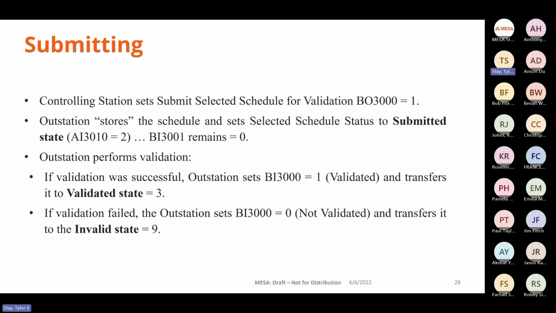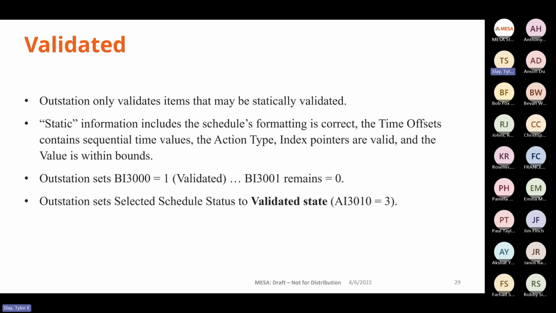Then for validation, if it was successful, the outstation sets BI 3000 to 1, validated, and transfers to valid state 3. If it doesn't, then it's going to transfer to invalid state 9. Once it's validated, the outstation sets BI we just discussed.